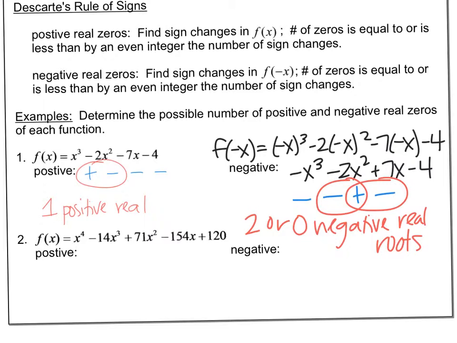Because what we also have to factor in here is that you could have things that are not real, right? So it could be 2 real roots or it could be 2 imaginary roots. So it's 2 or it's 0. This is very theoretical math stuff, but it goes back to that second part on the last slide, where it talks about how complex roots come in pairs. So there could be 2 real ones, or there could be 2 imaginary ones.